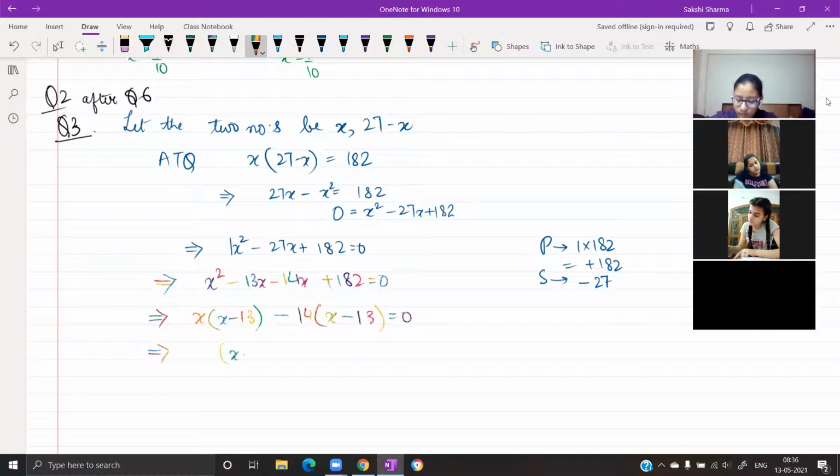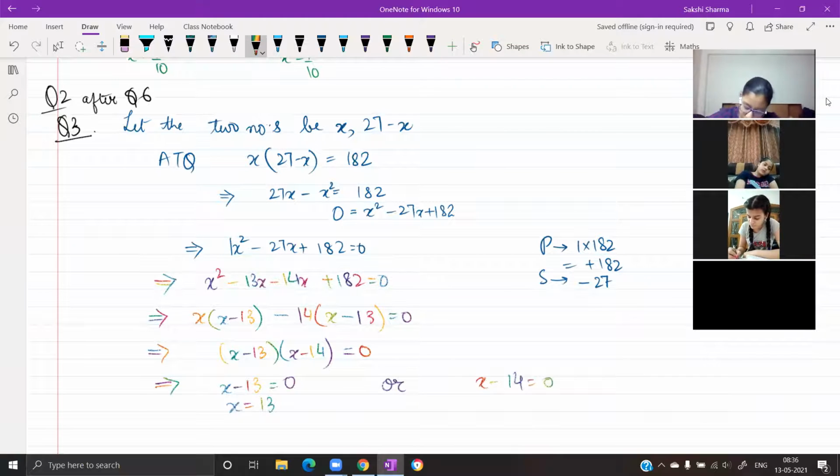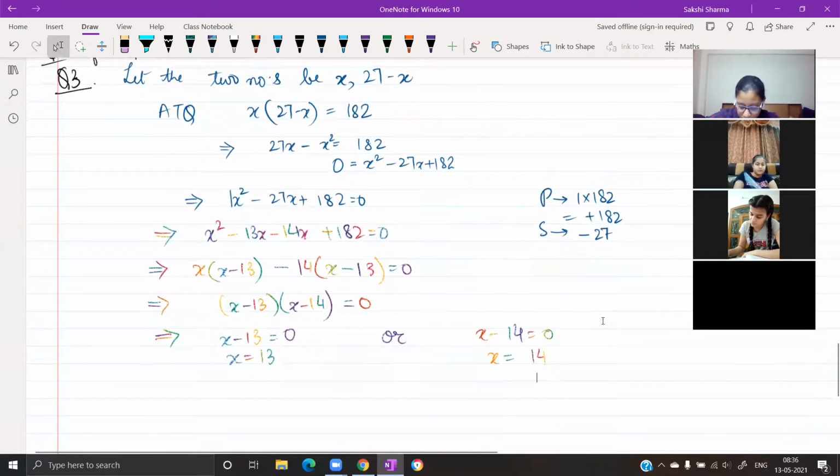The linear factors are x minus 13, x minus 14. In order to write down your answer, consider both possibilities.